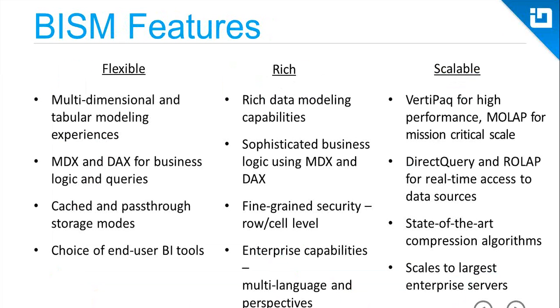So, sorry. The main features, the benefits of doing all this: the BI semantic model of SSAS gives us flexibility in terms of multidimensional and tabular modeling. Both approaches you can do. You can still do tabular modeling in case you require an Excel kind of thing.